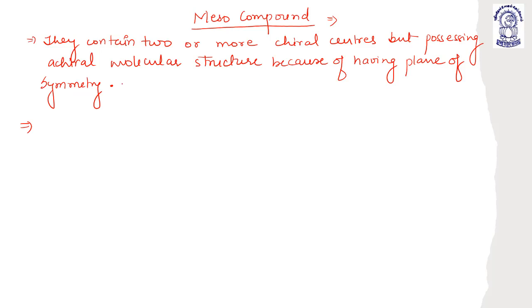For example, this carbon and this carbon, they are chiral centers, but this is the plane of symmetry. You can see.